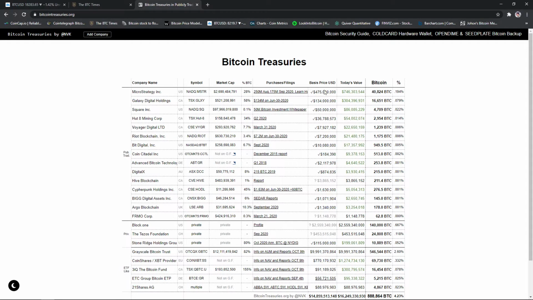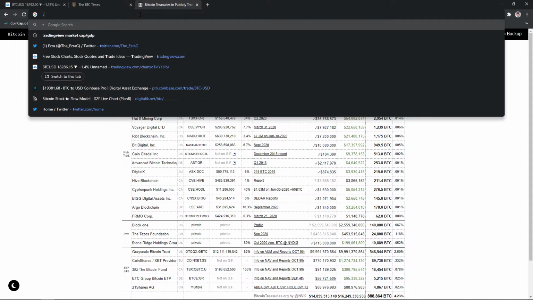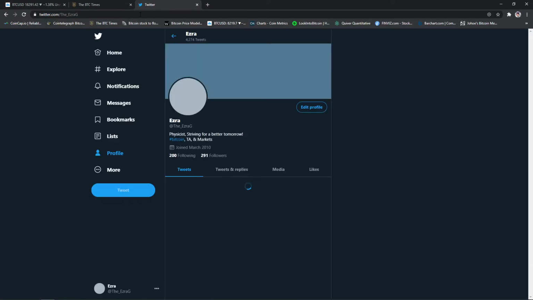So MicroStrategy. This is before they raise at 450. The next round of 450, so they're going to have over $1 billion. The value is almost $1 billion. Galaxy, that's Mike Novogratz. Square, that's Twitter. Basically, I'm forgetting the CEO's name. I should know this. Jack Dorsey.